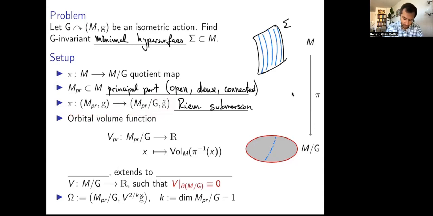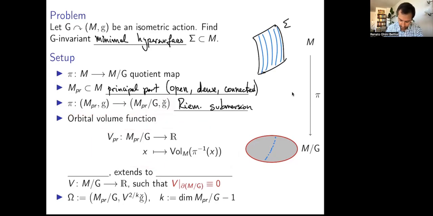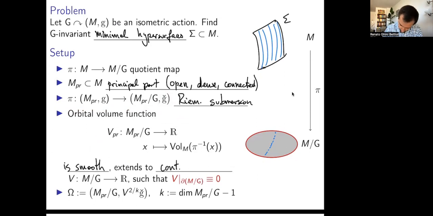We can then look at the volume function of principal orbits, which I'm denoting here by this function. And this function is smooth, and it extends to a continuous function on the whole orbit space. So the continuous extension, I'm denoting it by V, and that's a real valued function on the whole orbit space.